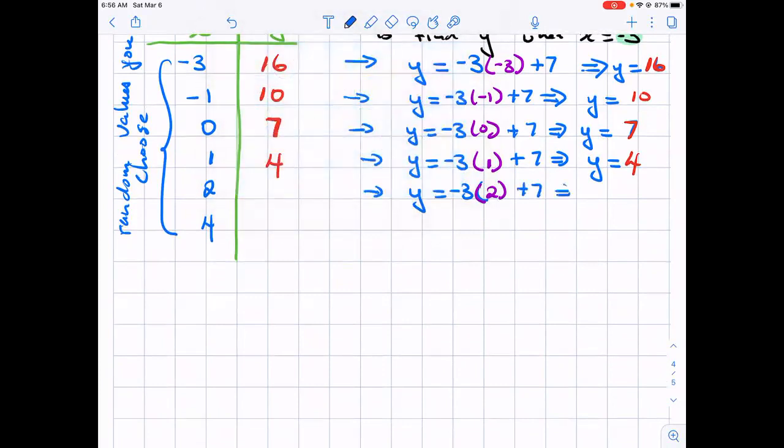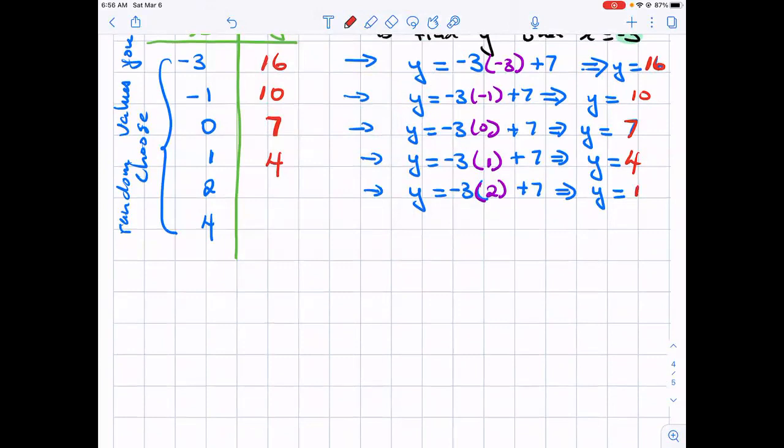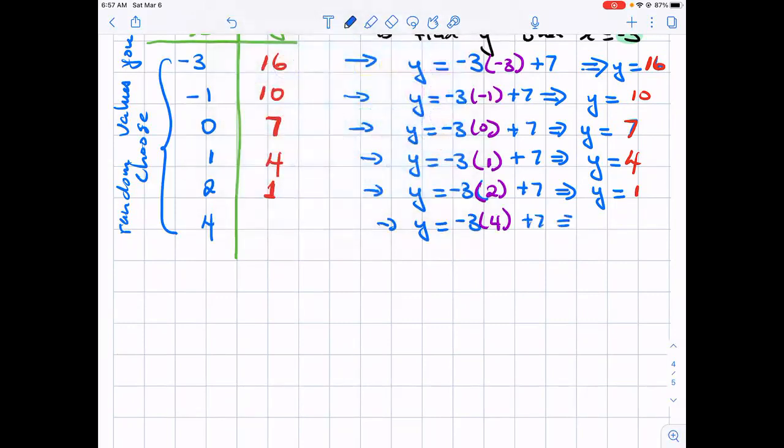Minus 6 plus 7, and that gave me y is equal to 1 when x is 2. And then finally, y is equal to -3 times 4. So when x is 4, we have -12 plus 7, which will give me -5.